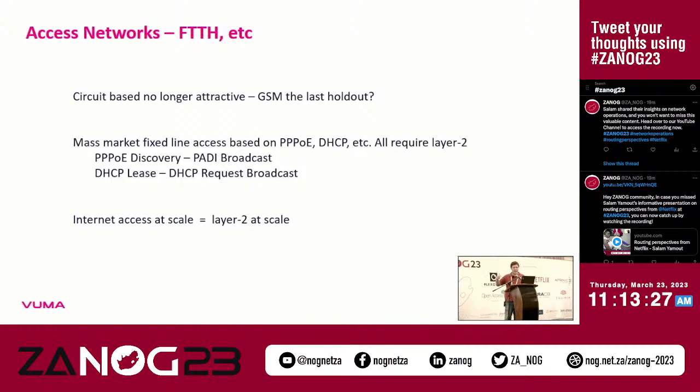If you're using DHCP, that first step requires the broadcast; if it doesn't get through, you never get connected. So we have to allow broadcasts, even though there is a significant risk in allowing them, and that creates a risk to the stability of the network.